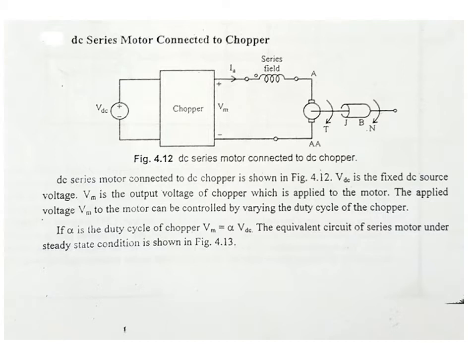As we know, the operation of the chopper is nothing but to convert fixed DC to variable DC. So the output of the chopper here we have taken as Vm. So Vm is equal to alpha into VDC, where alpha is the duty ratio and VDC is the input supply.